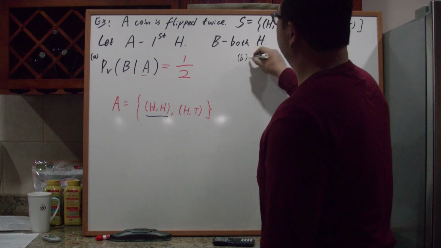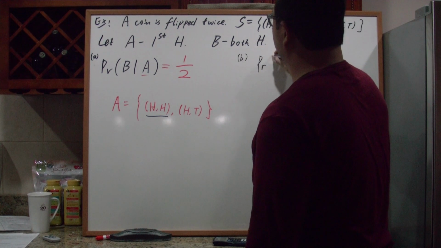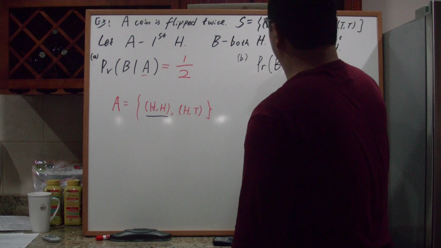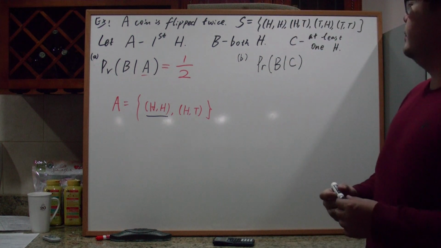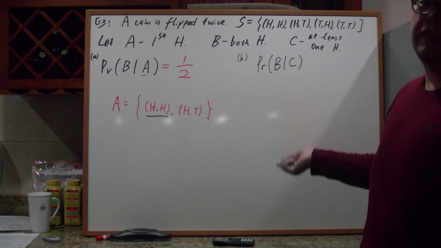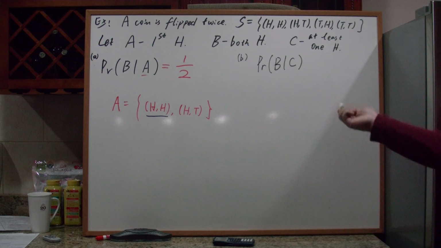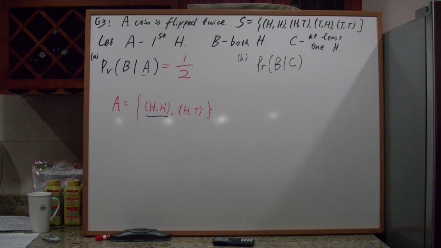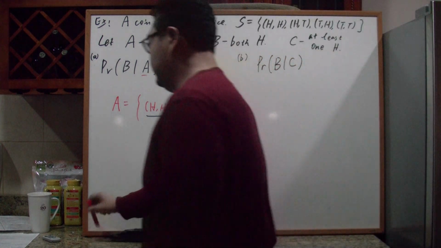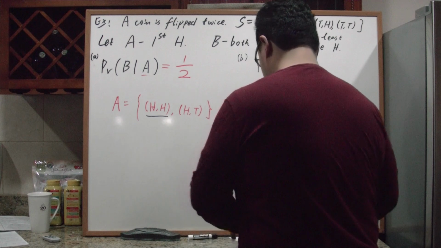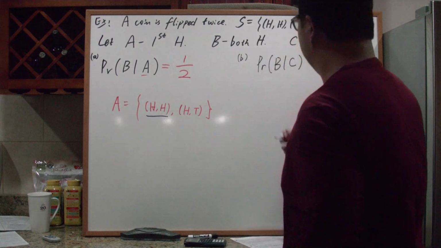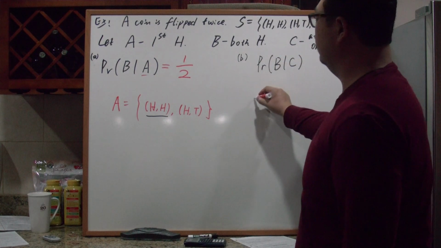Then part B: the probability of B given C. The probability to get both heads if at least one lands on head. So we're again focusing on the condition.